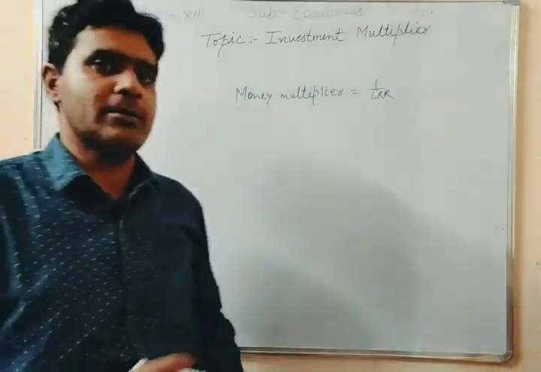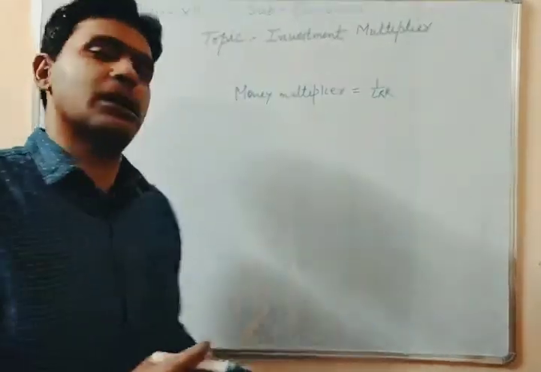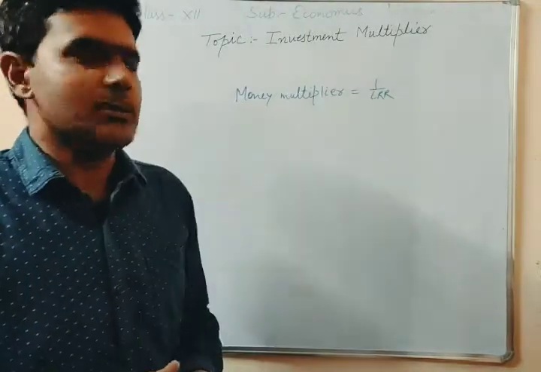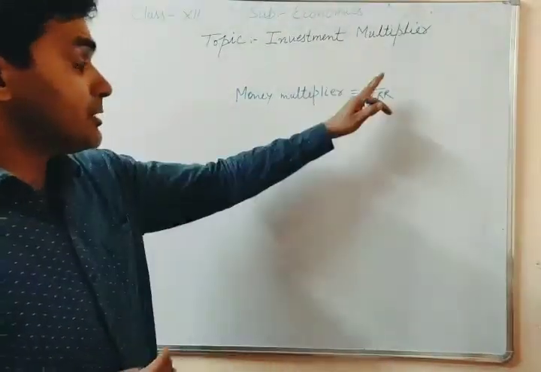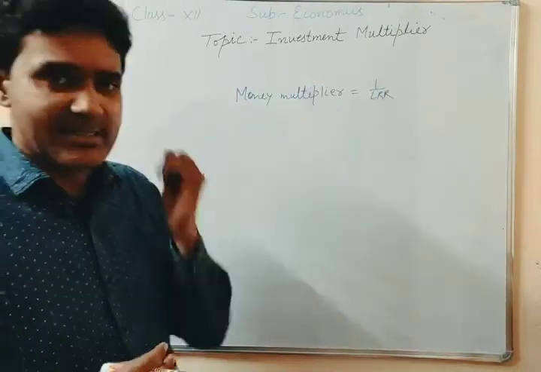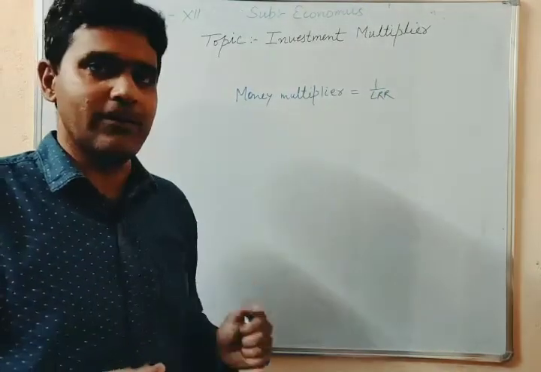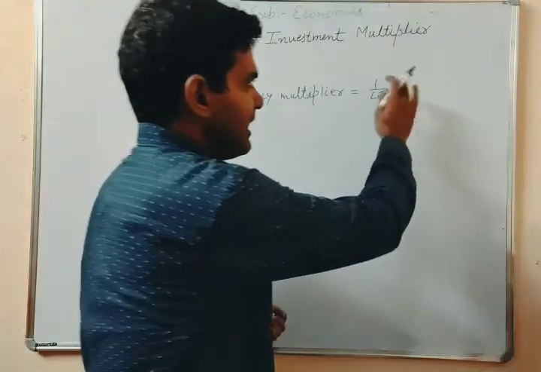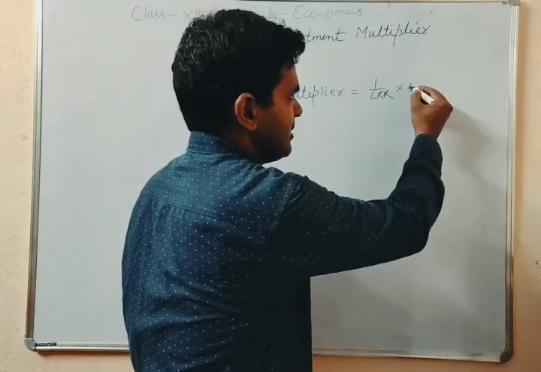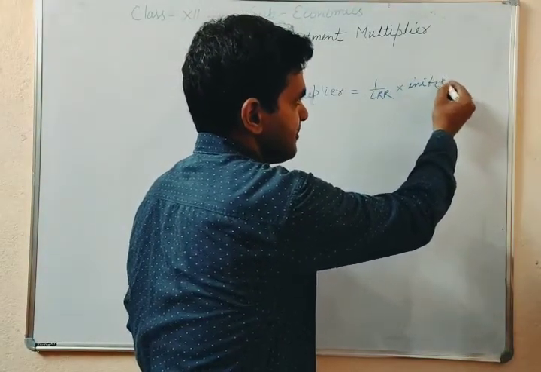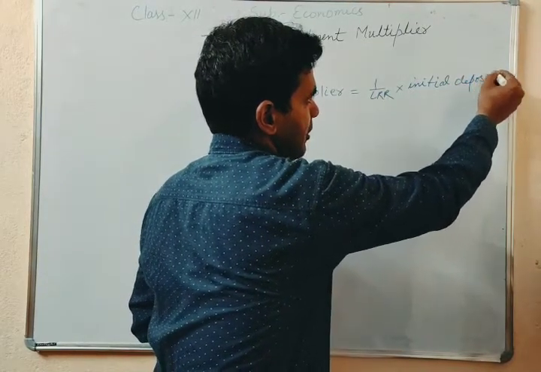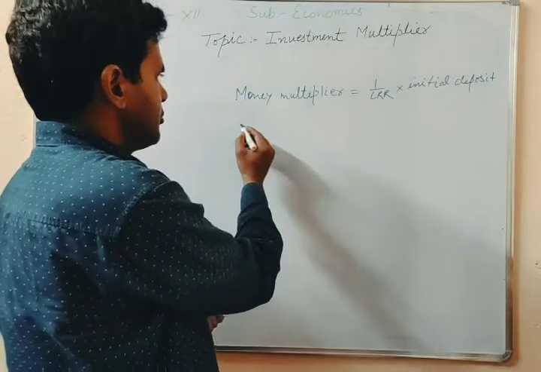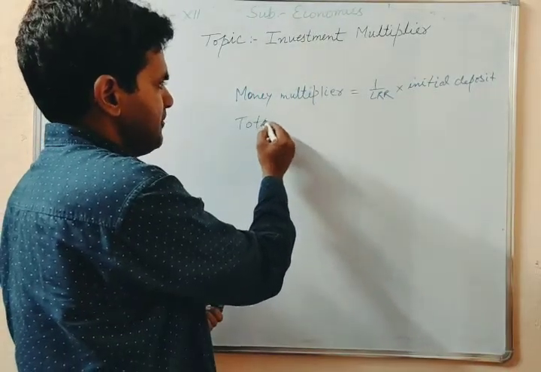LRR is the combination of CRR and SLR, cash reserve ratio and statutory liquidity ratio. This 1 upon LRR decides the value of the money multiplier, and after multiplying it with the initial deposit, we come to know the total money creation.